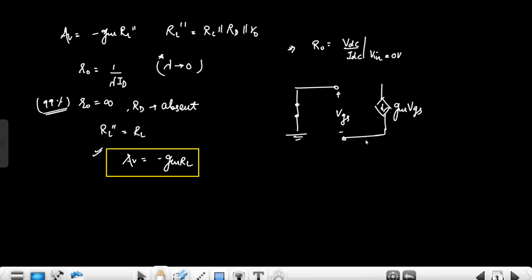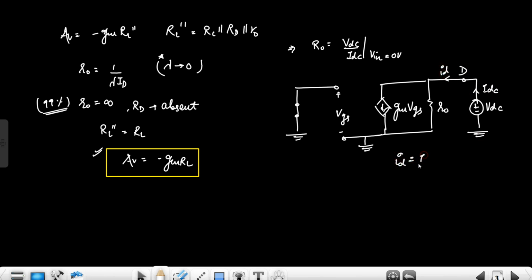Source is down here. Here we replace this V naught with a voltage VDC, and the current going across this is IDC, right?